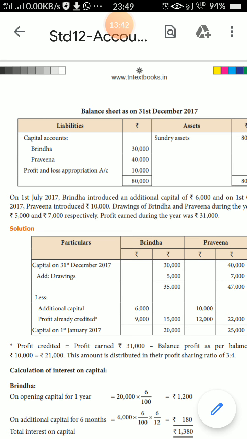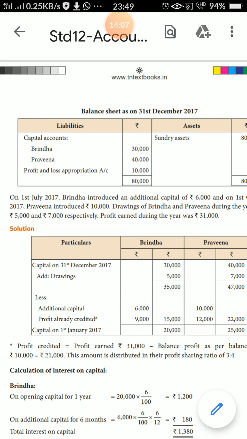Okay, listen students. In the last sum, profit and loss was shared equally, but this sum shares profit and loss in the 3:4 ratio.